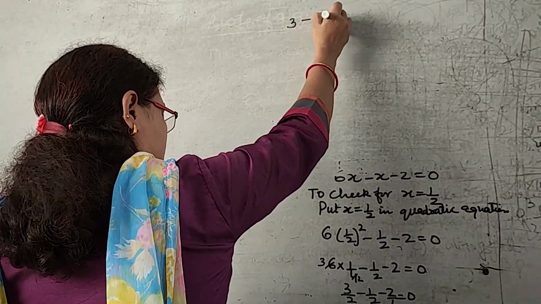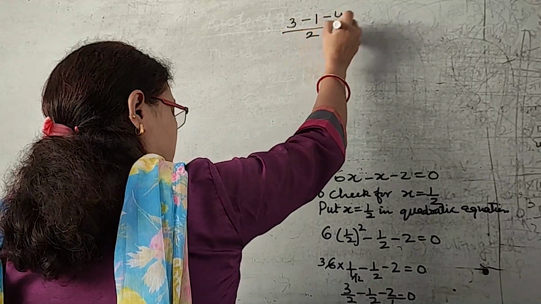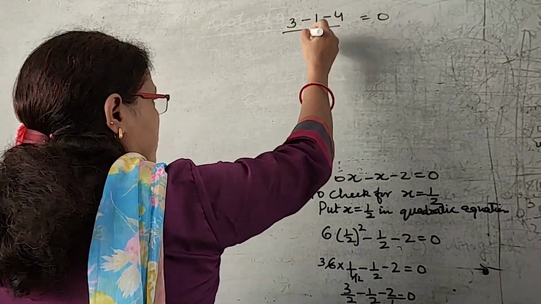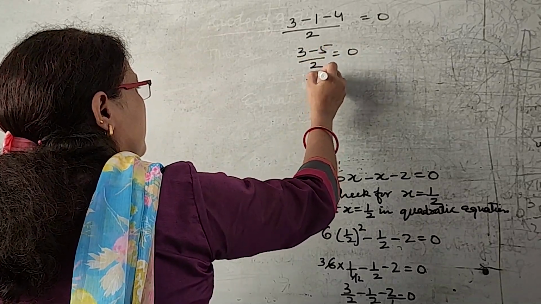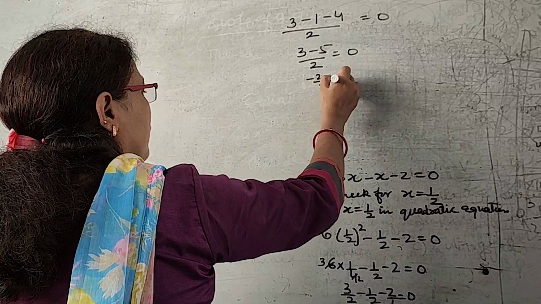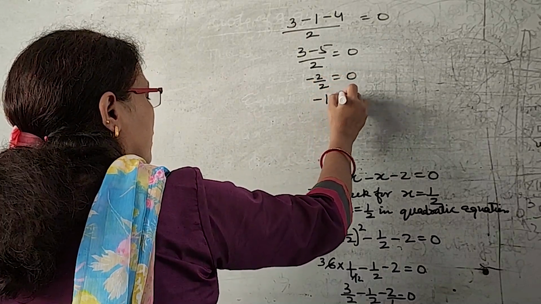That is 3 minus 1 minus 4 by 2, which means minus 2 by 2 equal to 0, that is minus 1.